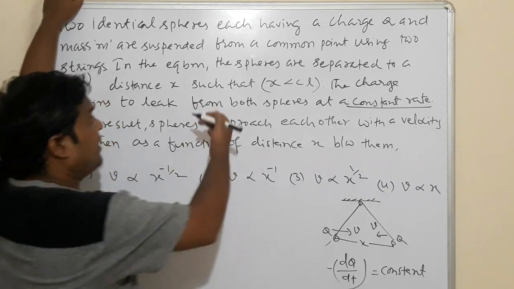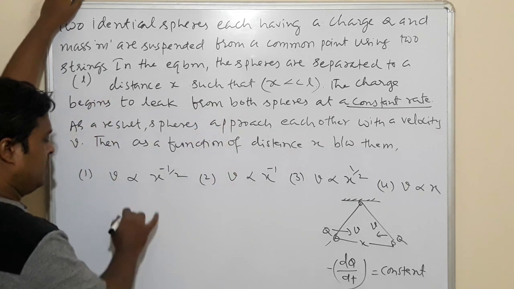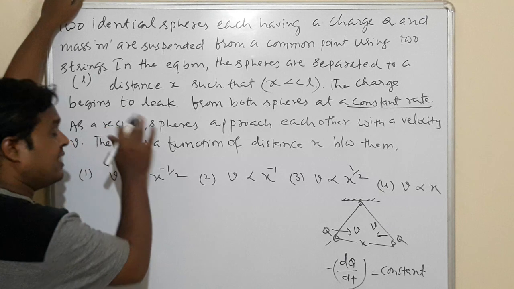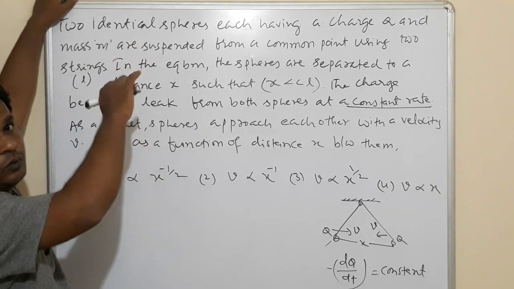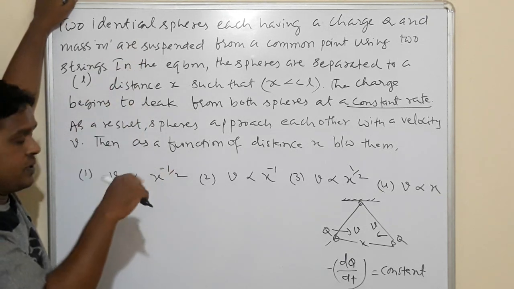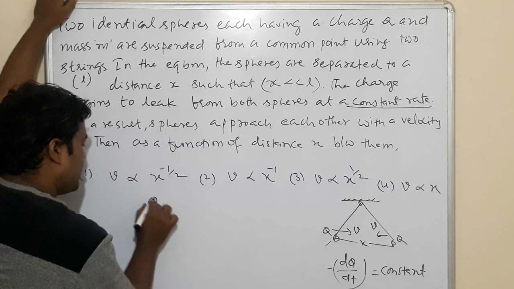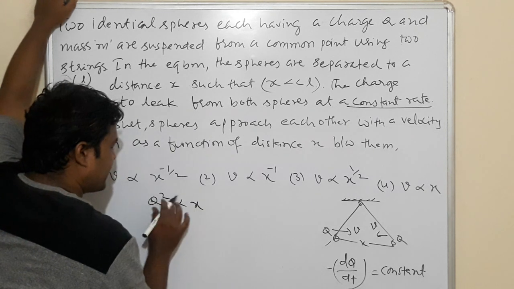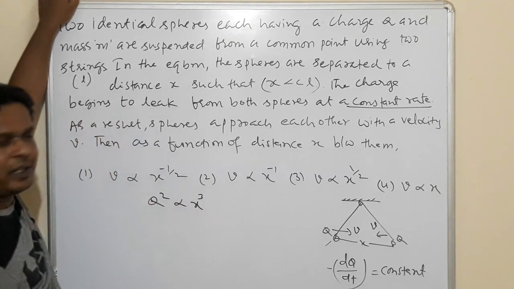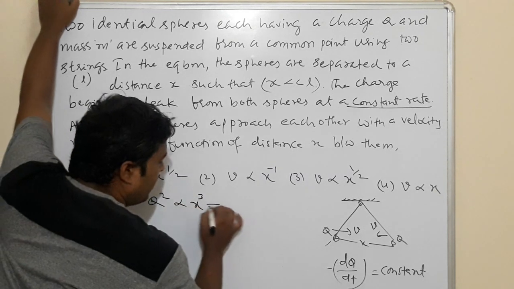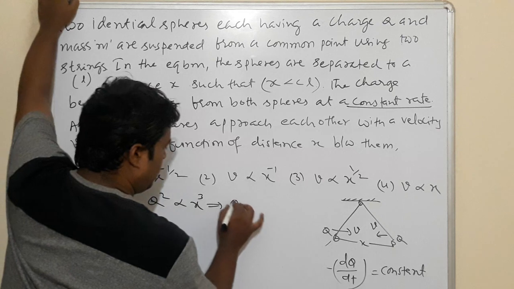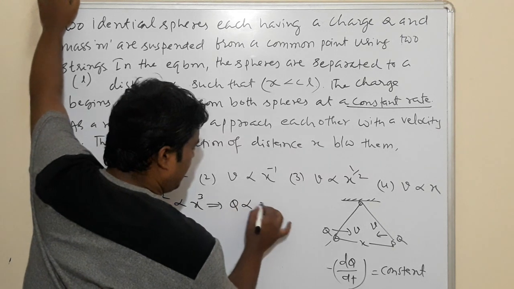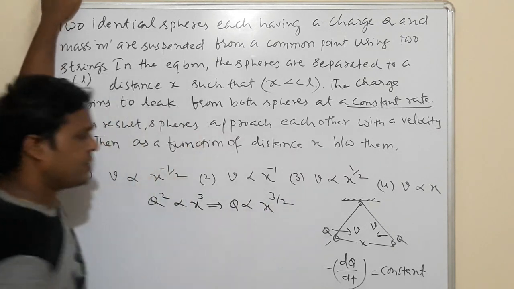See, in the third equation we studied the relation, the fifth point I have written while explaining the concept. What is the relation between charge and distance? q square is proportional to x cube. That means q is directly proportional to x raised to 3 by 2.